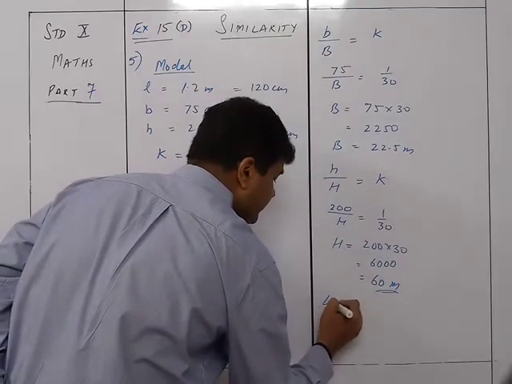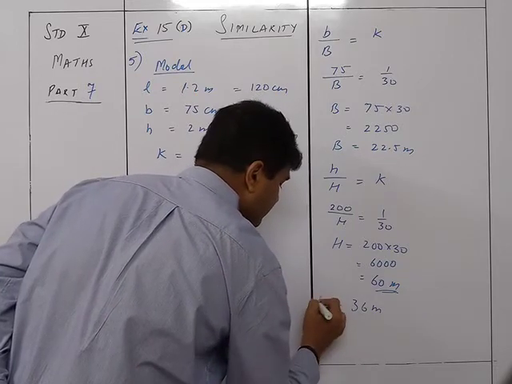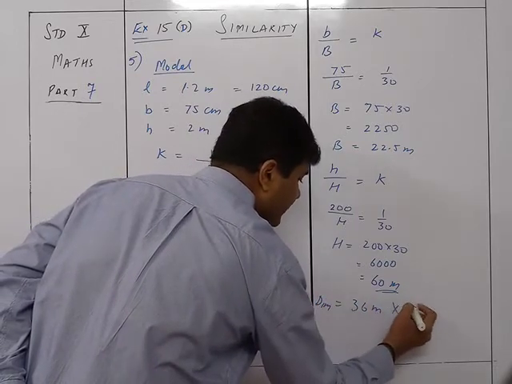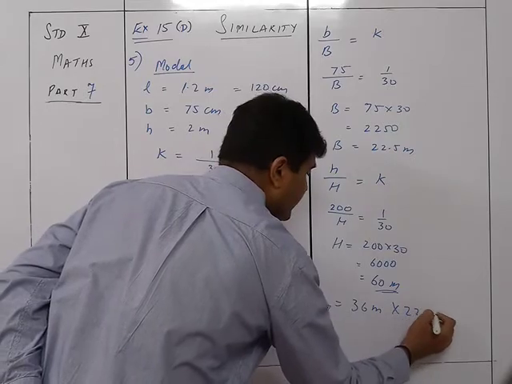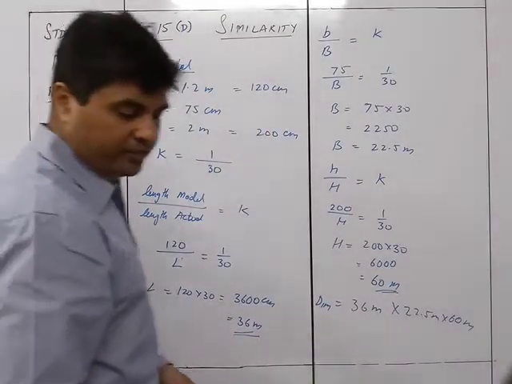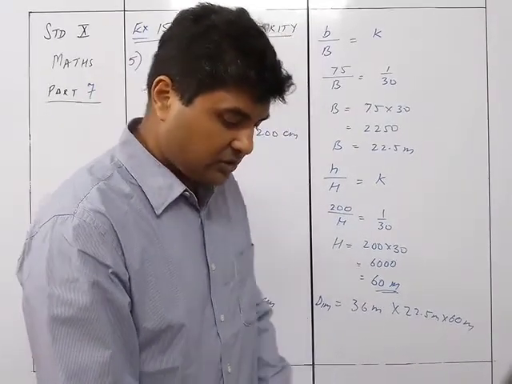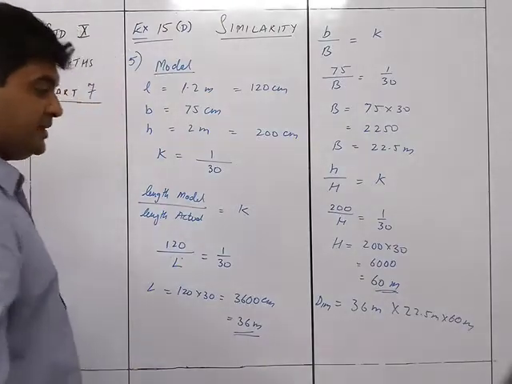So length is equal to 36 meters, or we can say the dimensions are 36 meters into 22.5 meters into 60 meters. That's the value of the dimensions of the building. So it is 36, 22.5 and 60 meters.